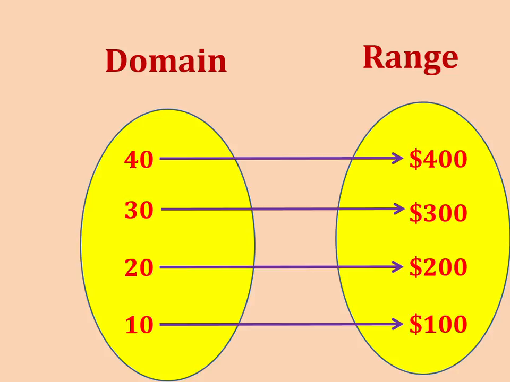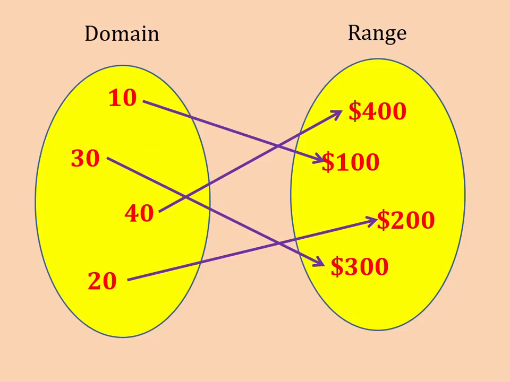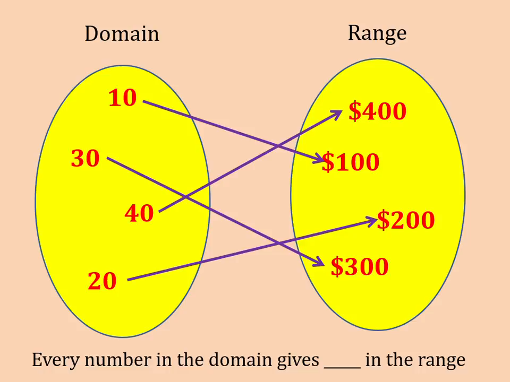Here's the same numbers, just mixed up a little bit, and still, here's the ones that go together, and that's the illustration of functions. The idea of a function, as you can see from the pictures we've been looking at, is every number in the domain has to give only one number in the range.